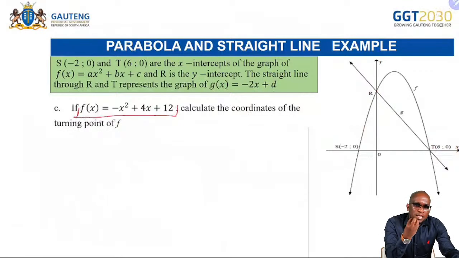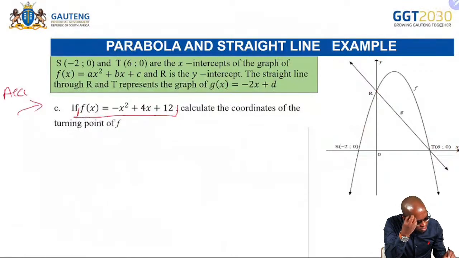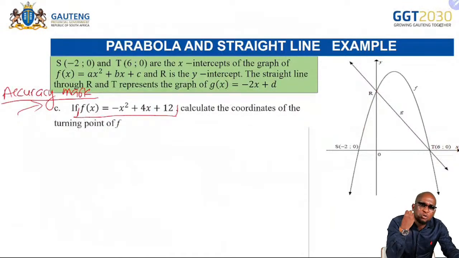The reason the examiner gives you the equation is that in this question, the examiner wants to allocate marks with accuracy. By so saying, I mean that the examiner wants you to get the exact answer as in the memo for you to get full marks.